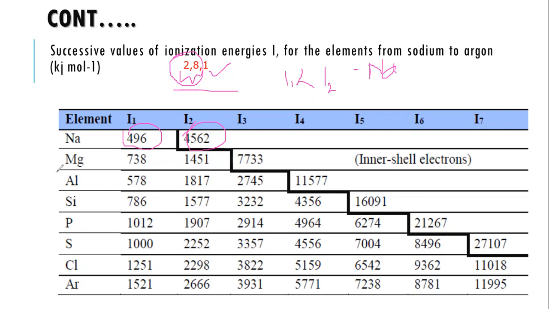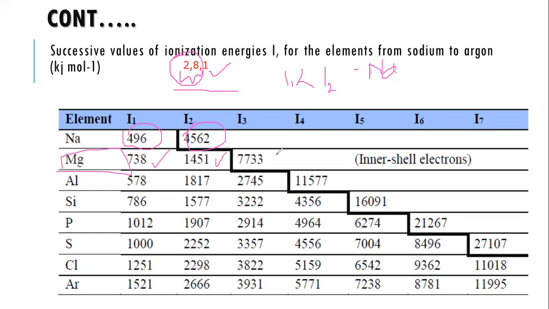And look at your magnesium now. It seems to be similar. Why? The stable configuration of magnesium is 2, 8, 2. When you take the 2, 8, 2, removing the first electron is easy, and the second electron is also easy.